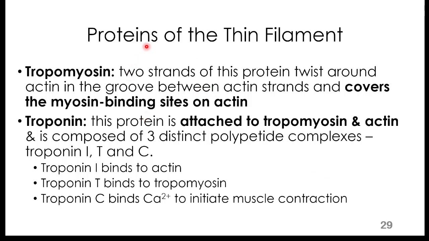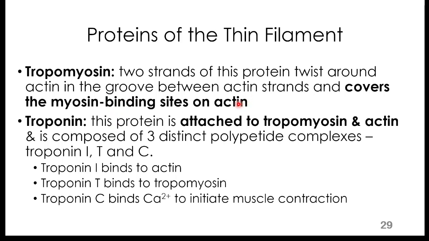and the tropomyosin covers the sites on actin where myosin will bind. Now, during muscle contraction, at some point, the myosin heads, which we talked about earlier, will bind to some specific sites on actin. All right.